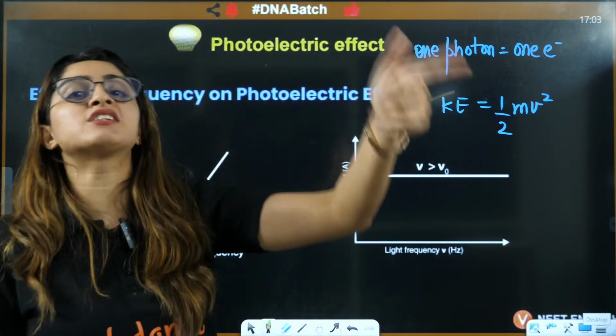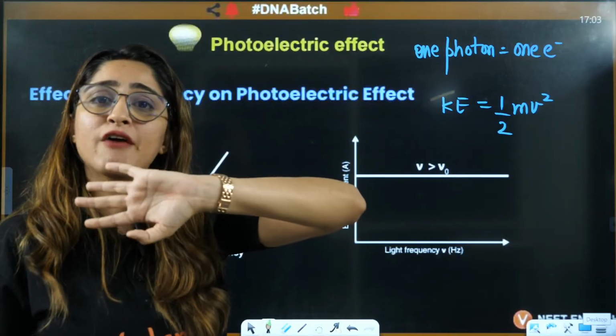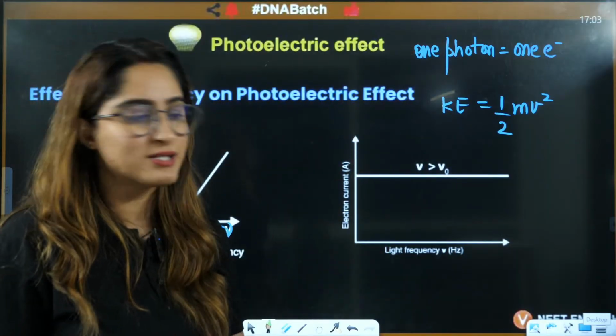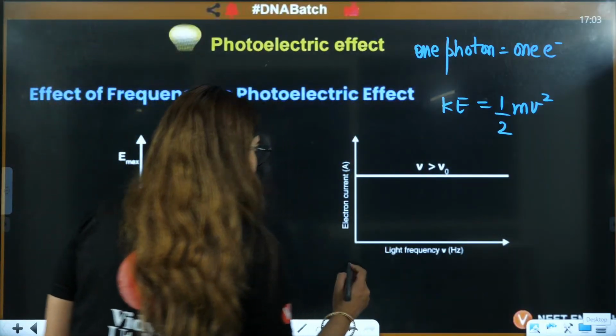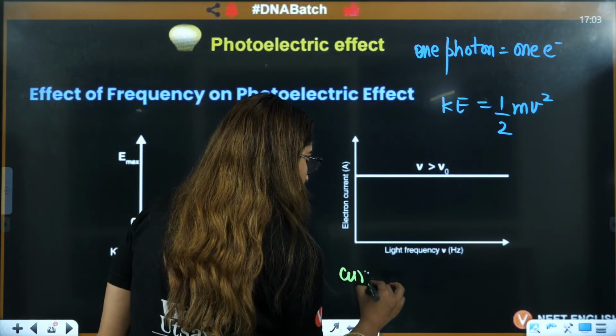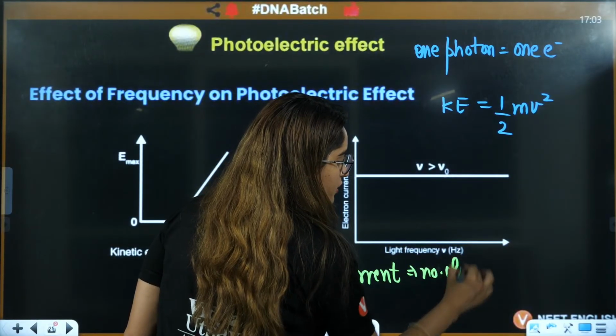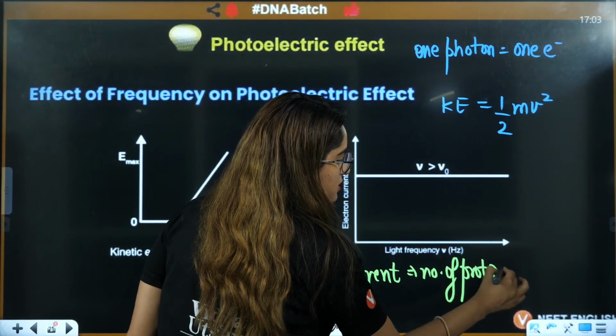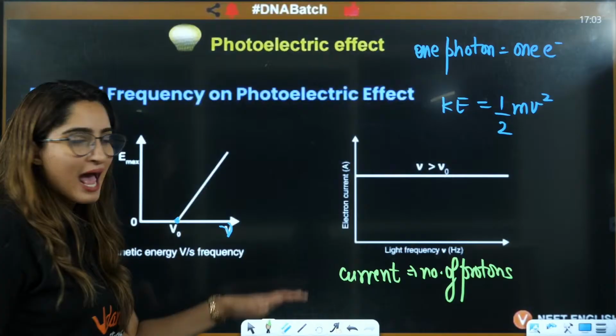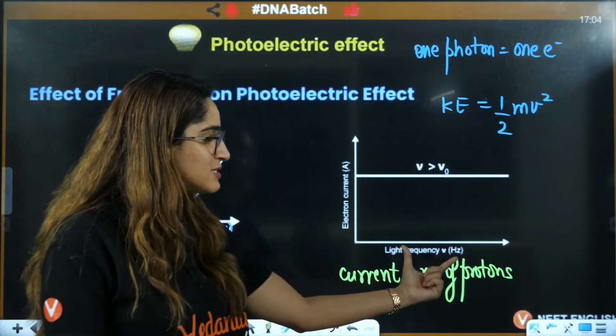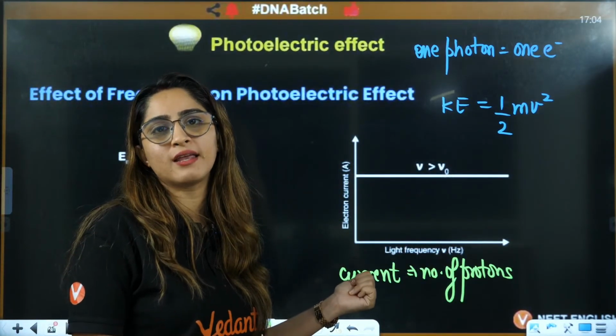Frequency will change the kinetic energy, but frequency will have no effect on the number of photons. And current is the number of electrons.